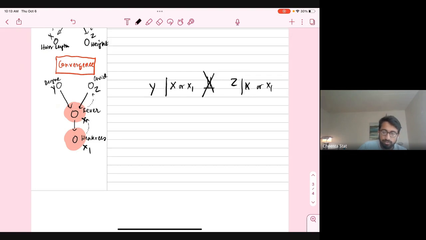Any descendant of x, like these, are called descendants of x.